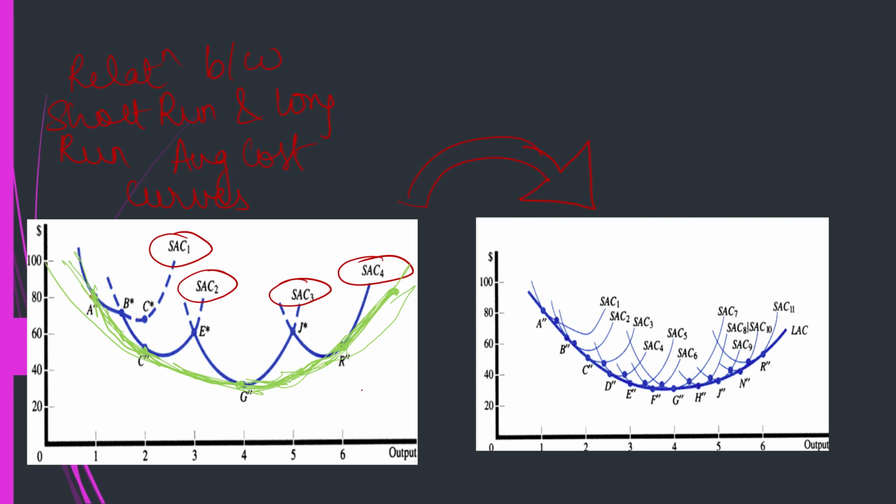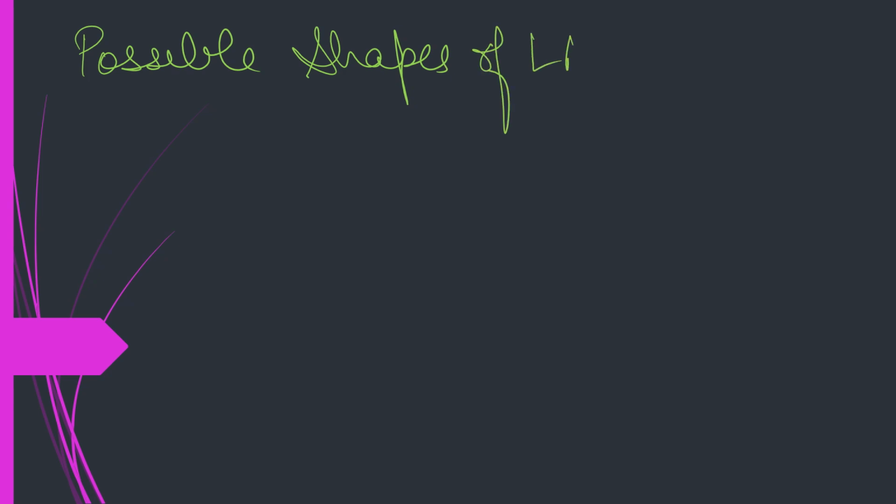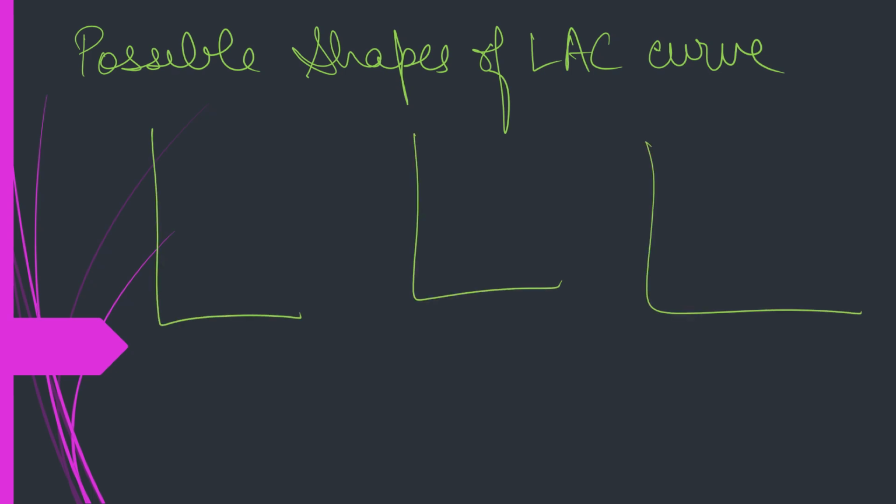Now next, the possible shapes of LAC, the long run average cost curve, are basically a bowl shape, then an L-type shape, and then an inversely proportional shape. Key takeaways: in the long run, the firm operates with different plant sizes and can switch plant size depending on cost.